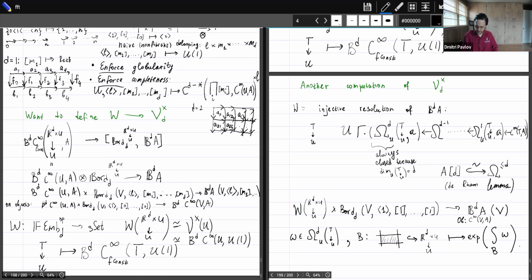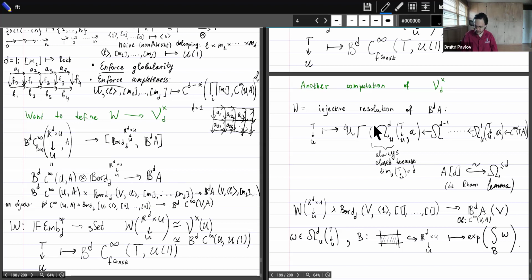And here I have another conflicting use of U. Sorry. So I guess I should maybe use a curly U. So this is just a forgetful functor from simplicial abelian groups to simplicial sets.